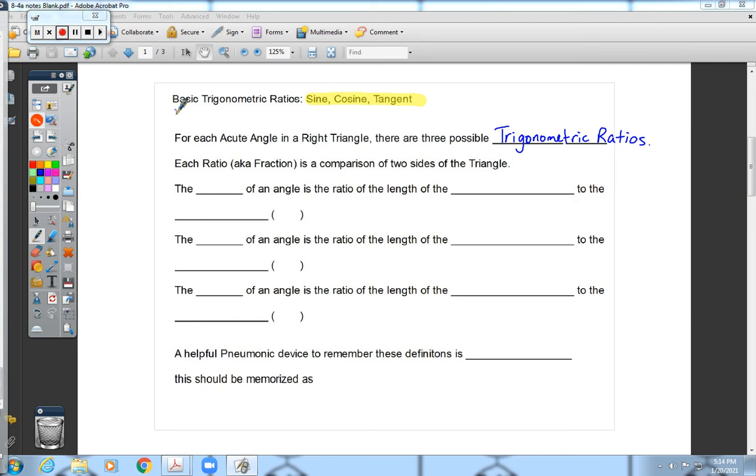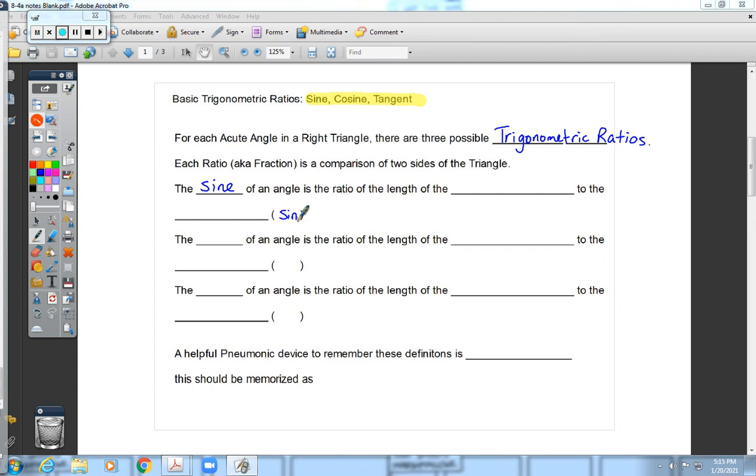So I have 3 new vocab words here, starting with the sine, or S-I-N-E. That is going to be abbreviated with S-I-N. And that's the button you'll locate on your calculator. Every scientific calculator has a sine button. The sine of an angle is the ratio of the length of the opposite side to the length of the hypotenuse.